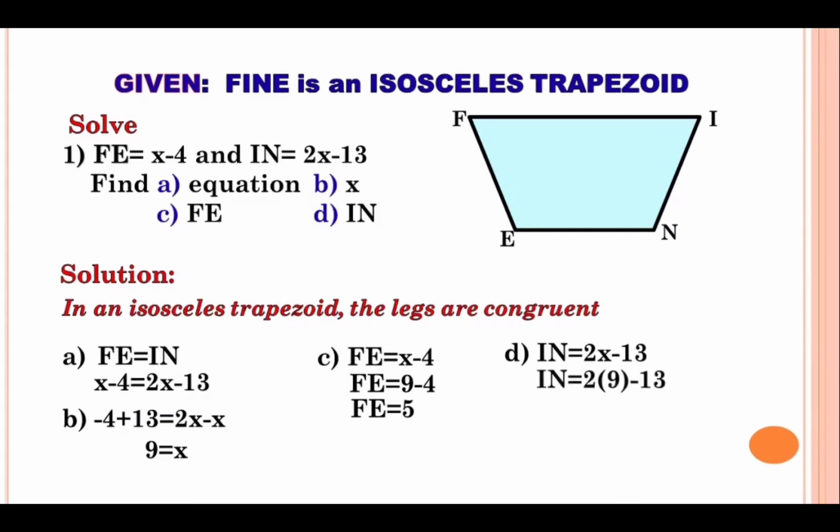So 2 times 9 minus 13. 2 times 9 is 18 minus 13. Therefore, IN is equal to 5. So, as you can see, we got the same, 5. Since FE and IN are the lengths of the legs, and in an isosceles trapezoid, the legs are congruent.